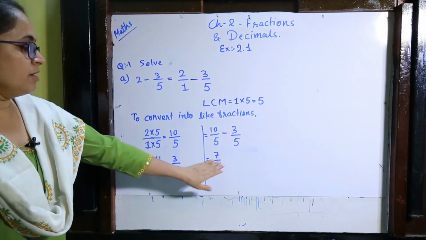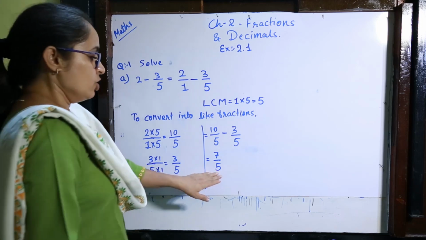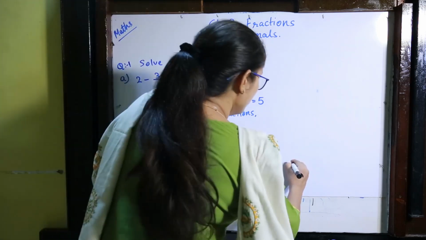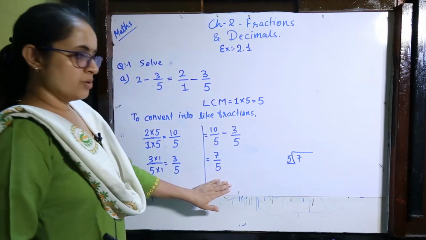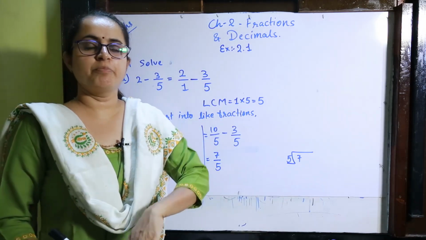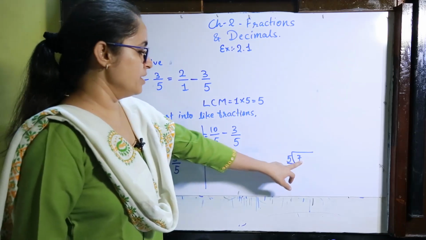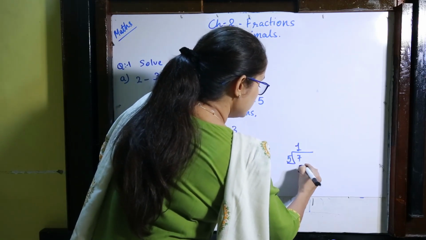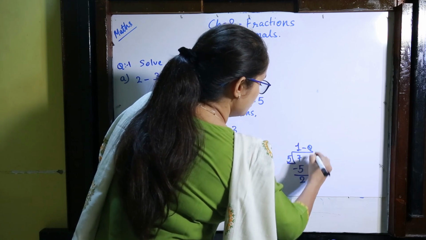Now 7 upon 5, if you can see, is an improper fraction. So to convert it into a mixed number fraction, you need to divide 7 by 5. If you remember the conversion of mixed number to improper and improper to mixed, to convert the improper into a mixed number, you have to divide it.